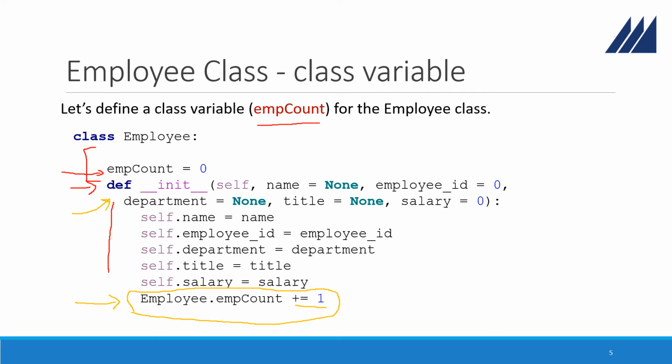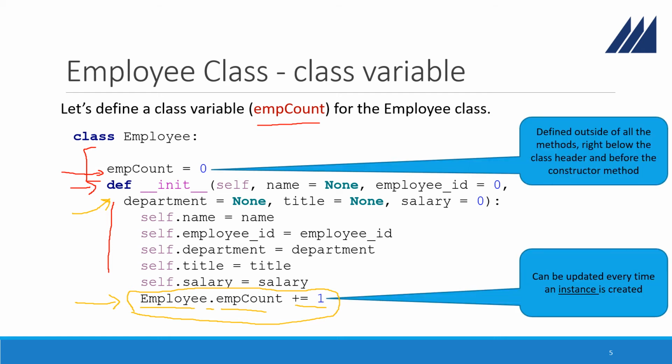And the way to assign it, you do not just say emp count plus equal 1. No, you have to make sure that you say the class dot emp count. In this way, we specify that this emp count belongs to the class and increase it by 1 every time I create an object from this class. All right.